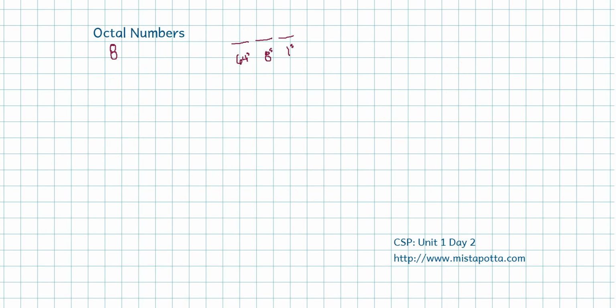So if I look at it here in base 8, the possible digits are going to be 0 or 1 or 2 or 3 or 4 or 5 or 6 or 7. In other words, all of the numbers up to, but not including 8. So in these spots, I'm going to have digits 0 through 7. But the process is exactly the same.